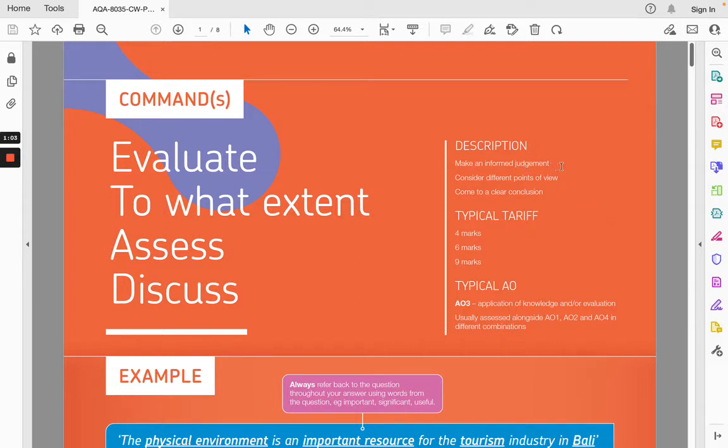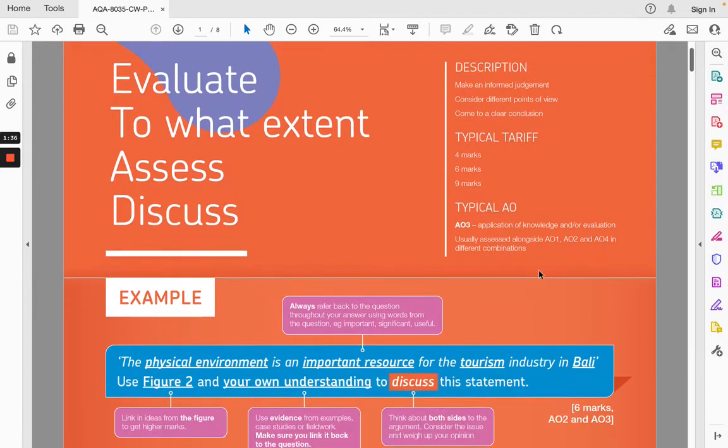You're looking to back up what you're saying with clear, really specific AO1 about whatever you're writing about. You may need to consider different points of view. So if it's an agreement question, you may need to look at a little bit of disagreement as well, just to show that you have that balance. And you should come to a clear conclusion. Often in your conclusion, all you're doing is summarising what you've written about and saying again clearly whether you agree or disagree, or wherever you are.